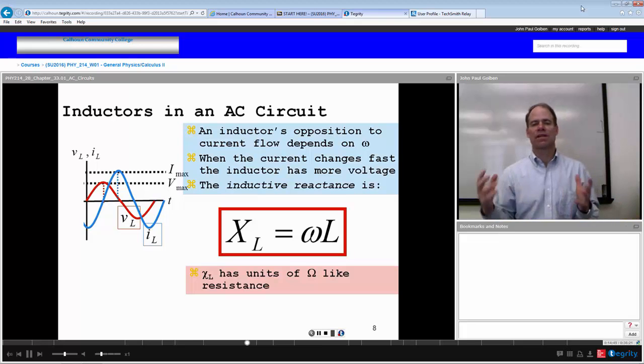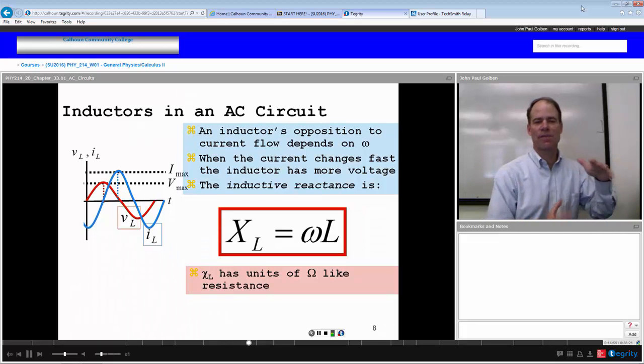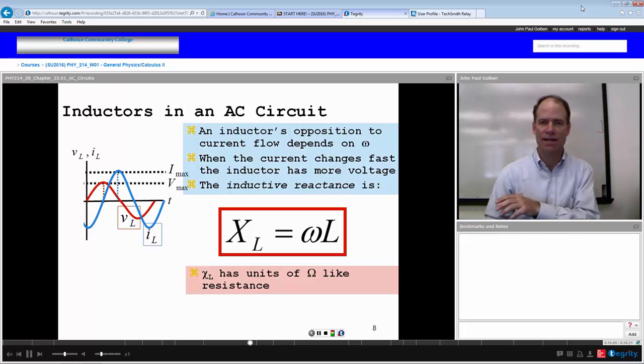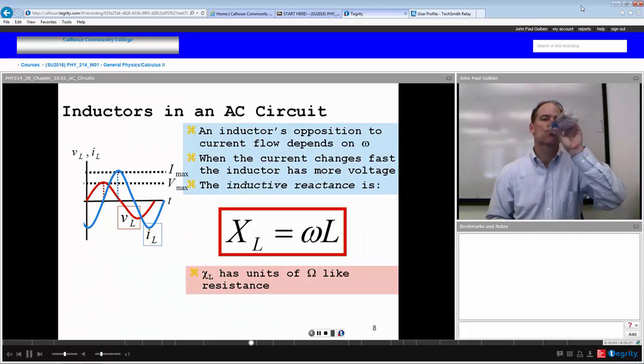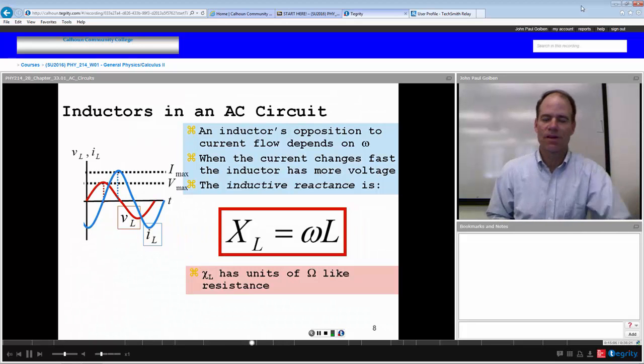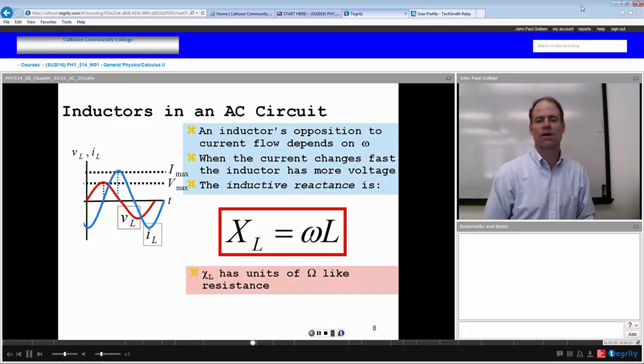Now if it's an inductor, the way it opposes the flow of current is that it actually stores energy in its magnetic field, and then later on it's going to give that energy back to the circuit. For a resistor, it simply dissipates energy. So both of them oppose the flow of current, but for an inductor, it's because it's storing energy and then giving it back.